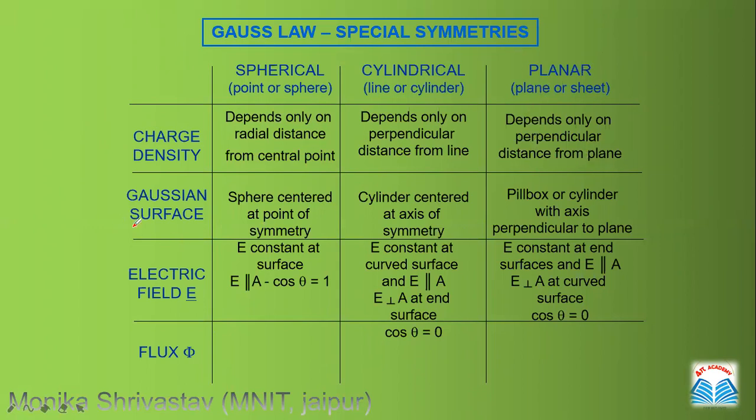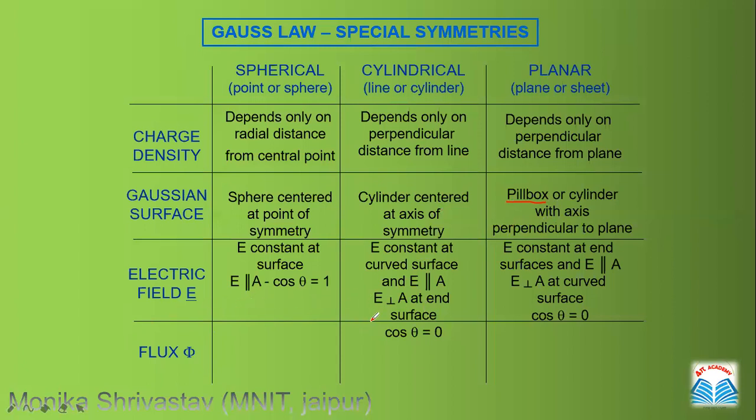And the Gaussian surface is spherical, centered at the point of symmetry. For cylindrical it is cylindrical. For planar it is a pillbox. Okay, so just underline this thing. For planar it is a pillbox or cylinder with axis perpendicular to the plane. The electric field is perpendicular to A, so cos theta is equal to 1.